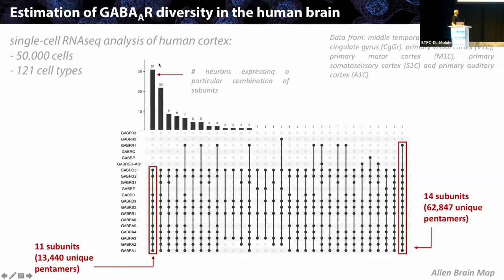And you can see that 31 different cell types identified from this data are expressing these 11 combinations of subunits. And in principle, this can give you approximately 13,000 receptor permutations. And there is even a neuronal cell type that's co-expressing 14 subunits.